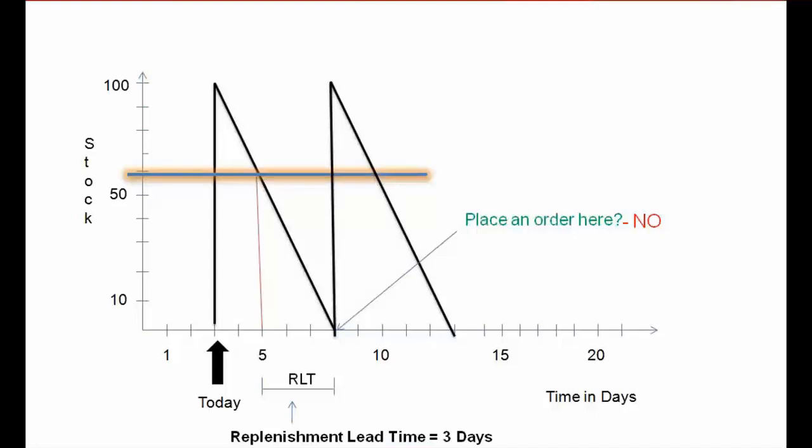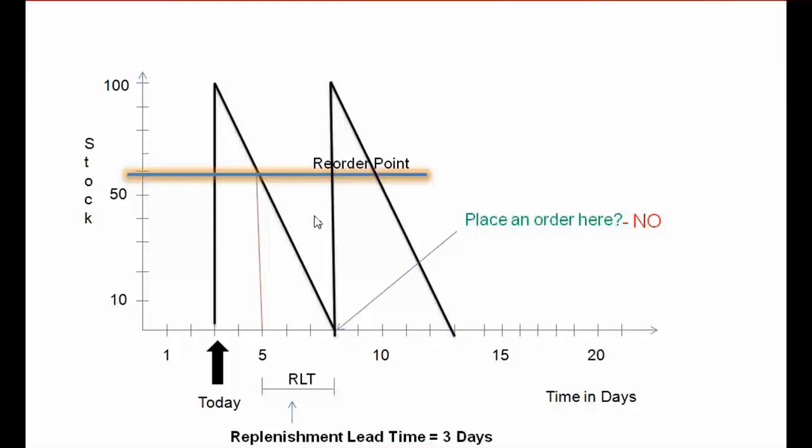As soon as the stock reaches 60 pieces, as you can see in the graph, we need to place an order. If it is taking 3 days, then we will be safe. After 3 days the stock will arrive and we can again fulfill the stock, so there will never be any shortage. That is the concept of reorder point.